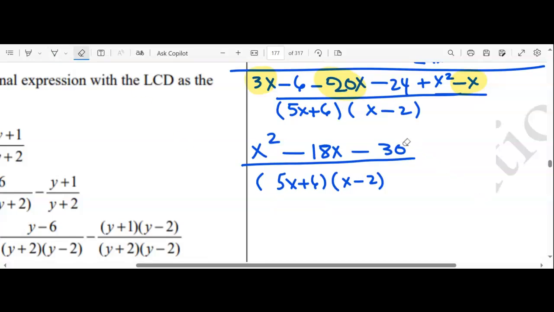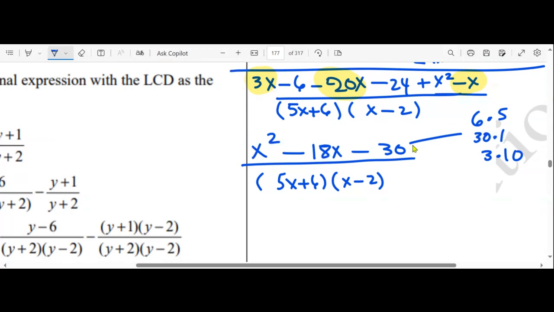Can I factor the top? Yes. What are the two numbers that multiplied give you 30, and their total is negative 18? 30 is what by what? 6 times 5, or 30 times 1, or 3 times 10.